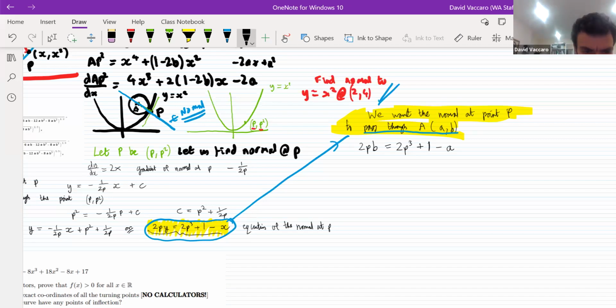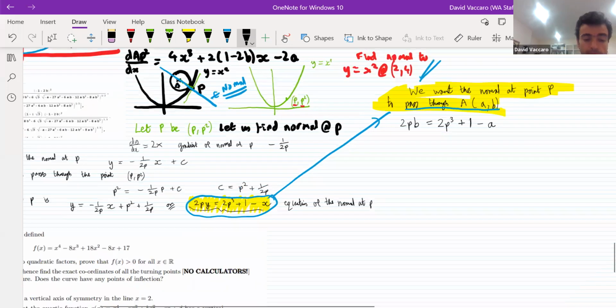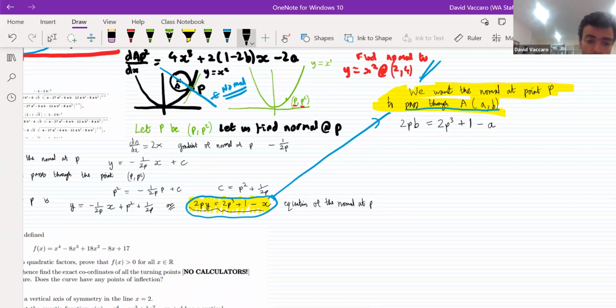And I think I've made a little bit of a mistake. When I found the value of C, these P's cancelled. So this should have just been 1 over 2, which means that when I multiplied up by 2p, because I don't have this p on the bottom, this should be a p.